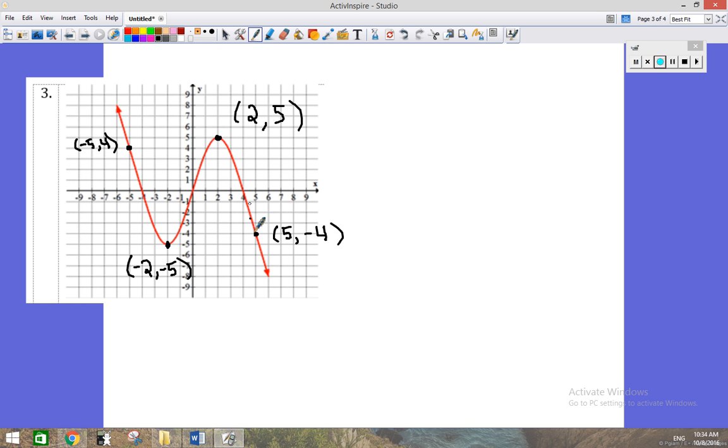You pick any point x and y, and the opposite of x and the opposite of y are going to be on the graph somewhere. Alright, so this is an odd function.